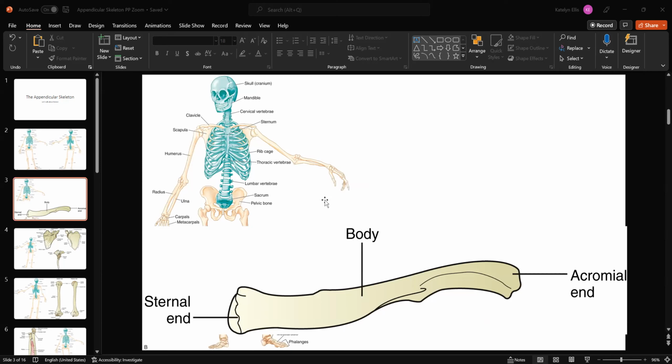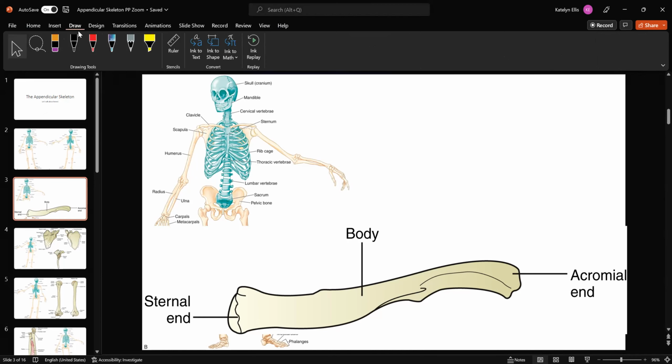So the first thing that we are going to cover is the clavicle, also called the collarbone. This is the image out of your book by itself, so I have included our handy dandy skeleton helper here so that we can see exactly where these bones are located. This is the clavicle.